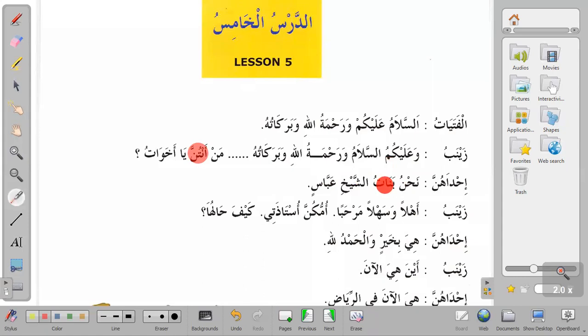And it is mudaf. This is mudaf ilayh, daughters of Sheikh, or Sheikh's daughters. I hope that is clear. So banatu is mudaf, Sheikh is mudaf ilayh. Abbasin will be what?